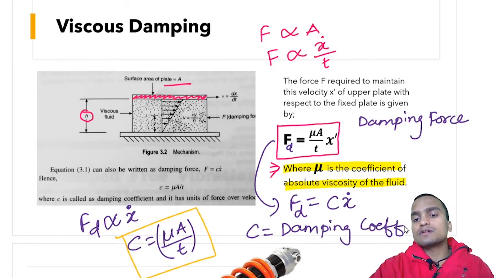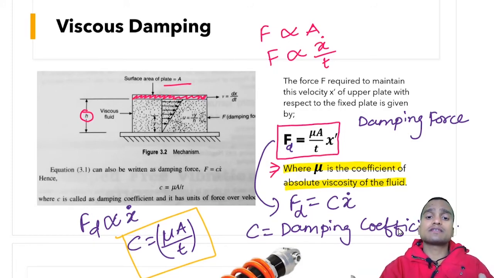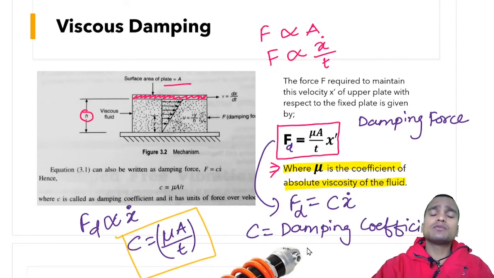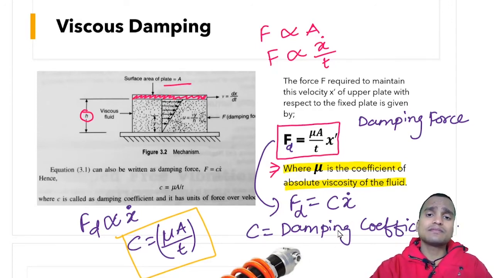This is a coefficient which depends on the type of fluid and area of the plate, those dimensions, and the damping coefficient is given already, and this is constant for the situation. And it has some unit. What will be the unit of damping coefficient c?